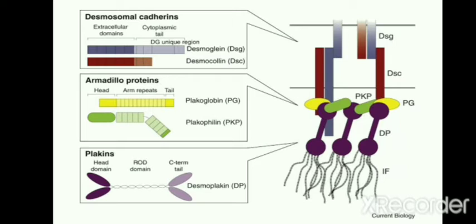Finally, the interaction between desmoplakin and the keratin filaments forms the inner dense plaque, tethering the cytoskeletal network to the adhesion.